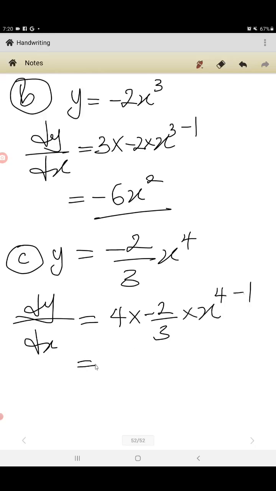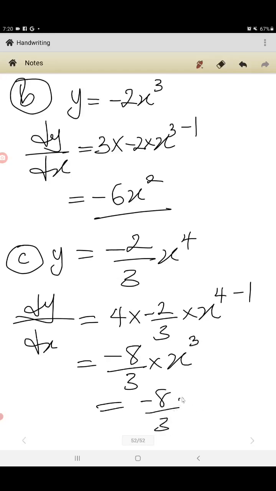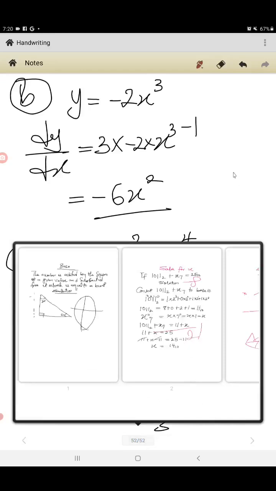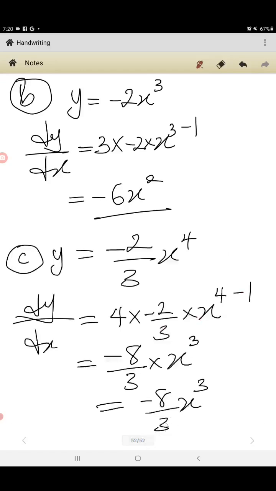So it will give you minus 8 over 3 times x raised to power 3. That is just the answer.